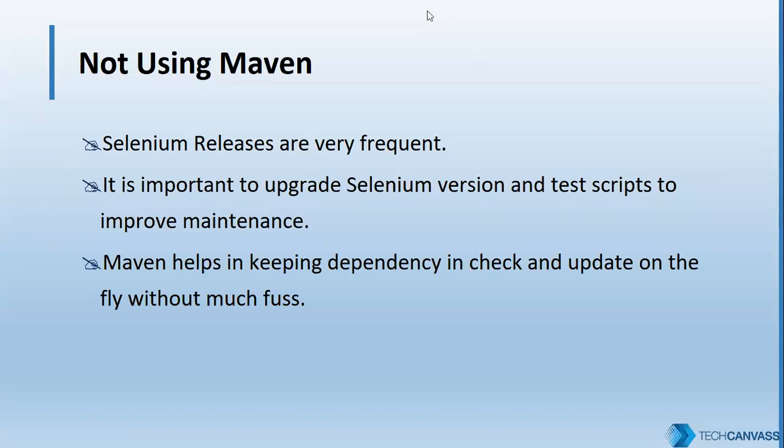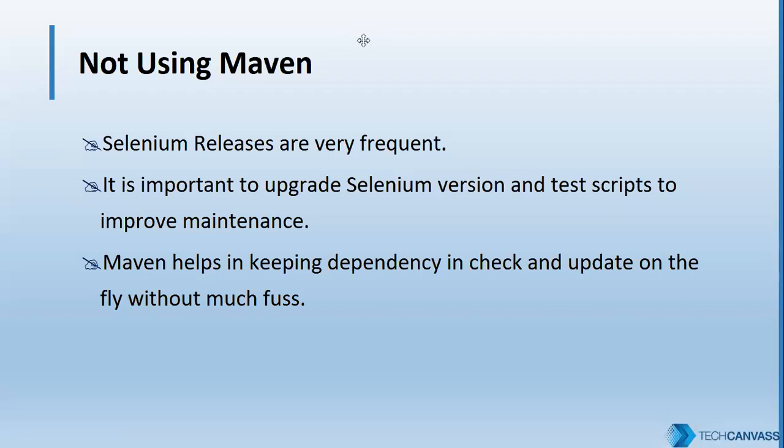The very first common mistake, and the most critical in today's era, is not using Maven. Maven, we all know, is a pretty good tool which provides a templating tool along with dependency management.